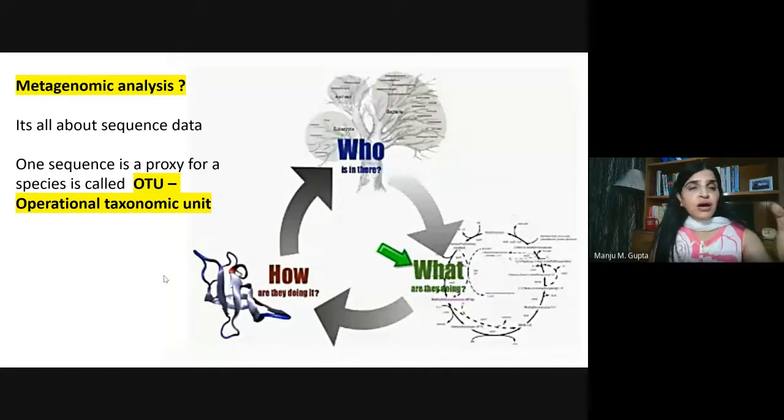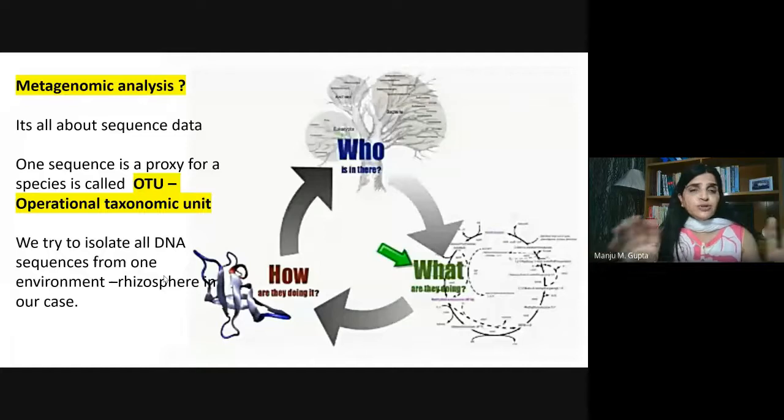So one sequence is one OTU. We must know OTUs, and I used to be concerned only with which OTUs are present and which species each OTU refers to. And the environment which I was studying, I said already, was the rhizosphere.